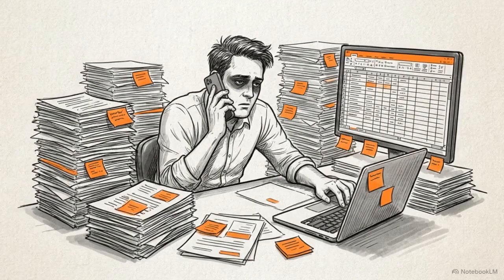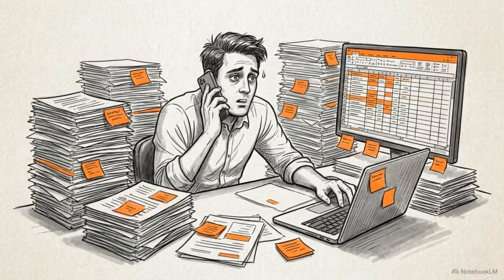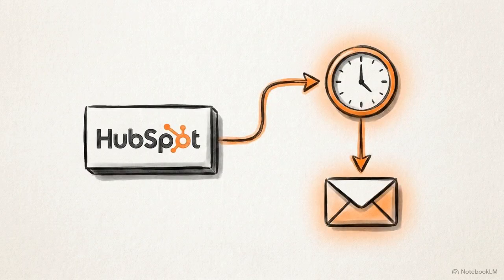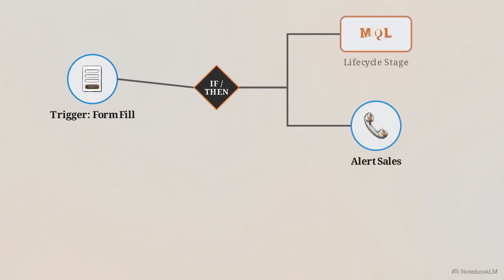As a company continues to grow and scale, manual data entry and repetitive follow-ups will eventually overwhelm the team's total capacity. Workflows provide a programmable logic layer, automating actions based on behavioral data without human intervention. The architecture of a workflow consists of a specific trigger condition that initiates an automated action. For example, a form fill can trigger a workflow that automatically updates a prospect status to MQL and alerts a sales representative.